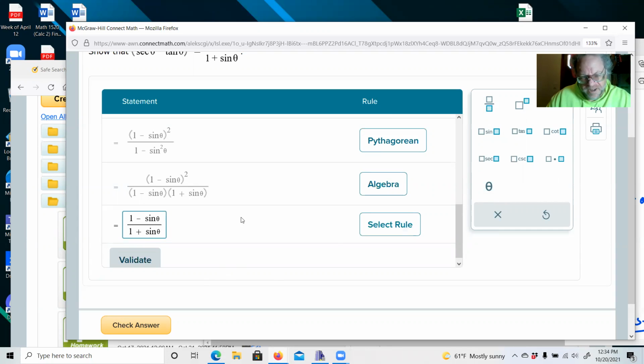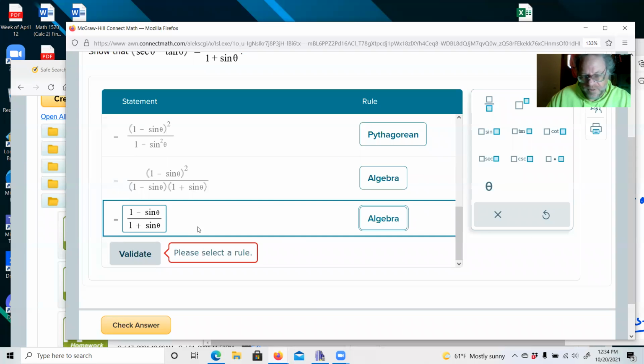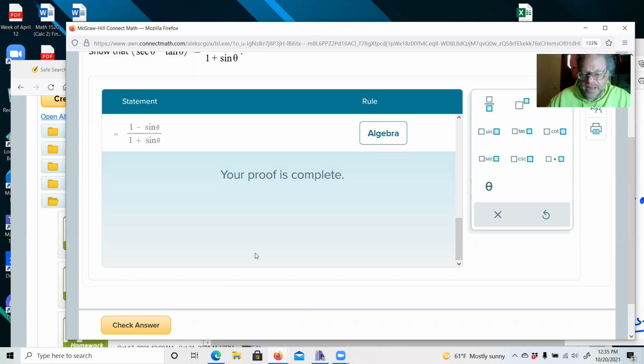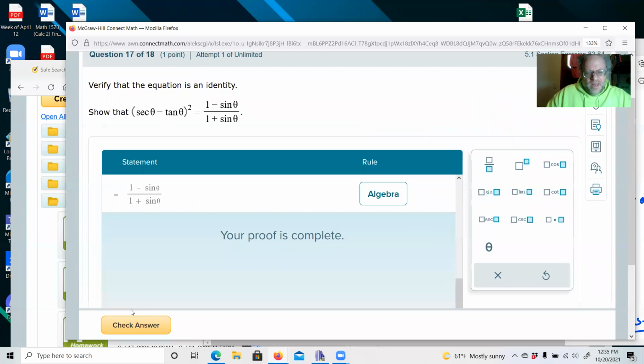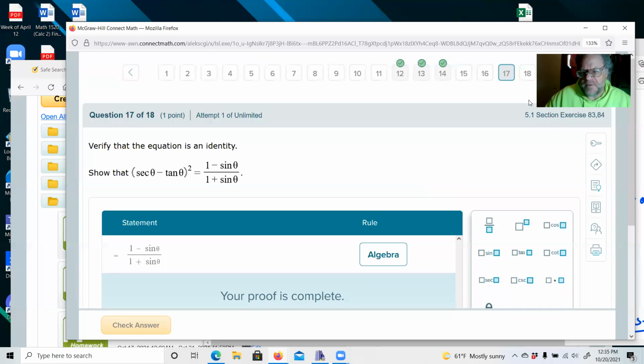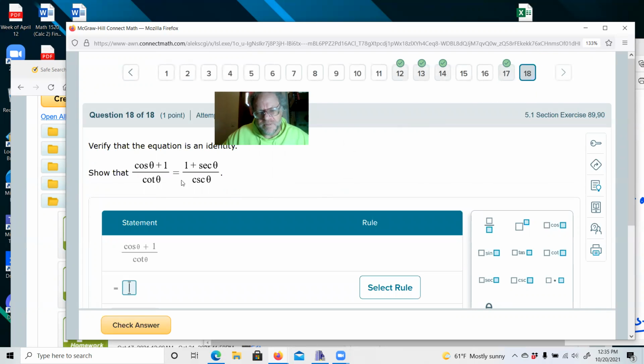All right, now I get a sense of what the rules are. Please select a rule. That was an algebra step because we canceled. Okay, and hooray, that's how we do. Check. Great. Move on with our lives, and there we go. So they're awful. And it's hard because you can't combine steps, so it's going to be a longer proof than you would have thought.